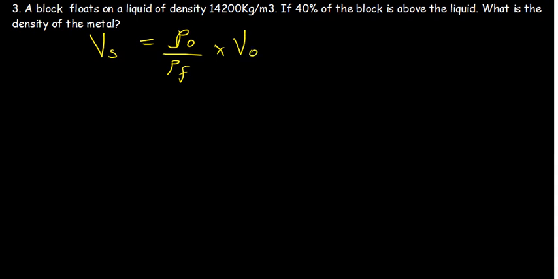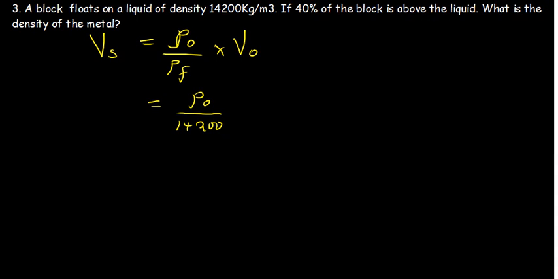So a block floats on a liquid. We don't know the density of this object, but the fluid has a density of 14,200. 40% of the block is above the liquid.